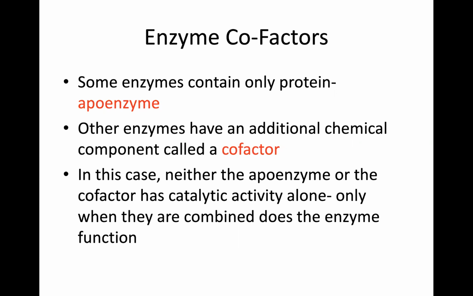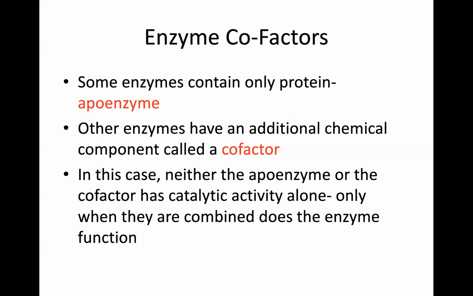Some other enzymes have additional components that we'll call a cofactor. In this case, if a cofactor is present, neither the apoenzyme nor the cofactor has catalytic activity alone. Only when they are combined does the enzyme function.